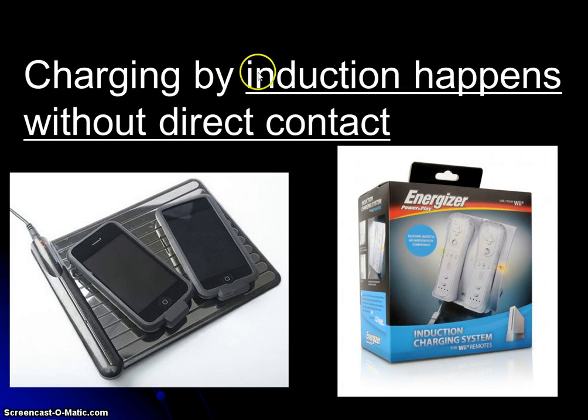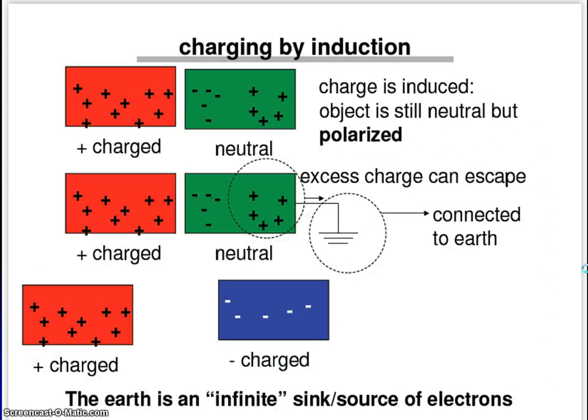Now, when you charge by induction, well, that happens once again through that electric field. There is no direct contact. And these are some examples of those fancy chargers that can charge objects without direct contact. You don't have to plug them in. They're charging through an electrical field. They're transferring that charge through the electrical field, but no direct contact.